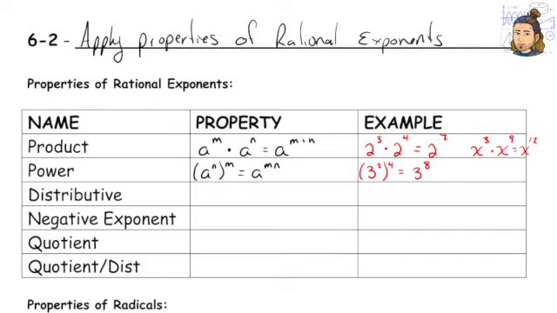Okay, we can distribute over exponents. So let's take a and b, so now we have two bases, and we're multiplying those together, and we're going to distribute the m as our exponent. And so this becomes a to the m times b to the m. So we can distribute exponents over multiplication.